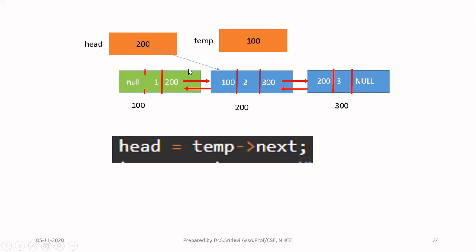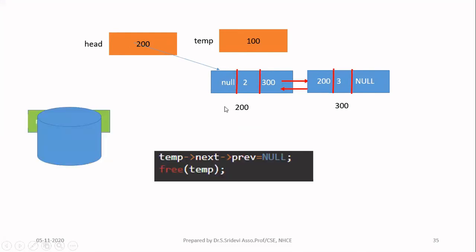So when I do that, temp is 100, temp arrow next means 200, and 200 will be stored in the head pointer. So this will happen. Now this blue color arrow is created. Then you are going to delete this green node. That means this 100 will not exist. Since you are going to release it to the free area, instead of this 100, you have to store null now. So that we will do now.